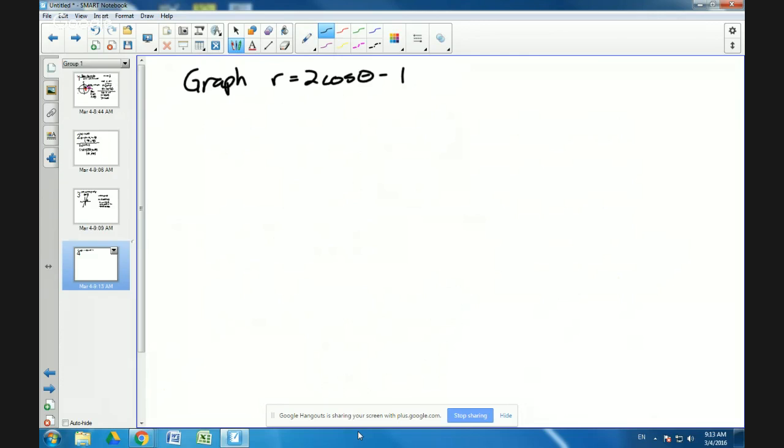Okay, what's the period of cosine and sine? If you graph, you go from 0 to 2 pi and it'd be 1 cycle, correct? So your standard graphing for the theta values are going to be from 0 to 2 pi.